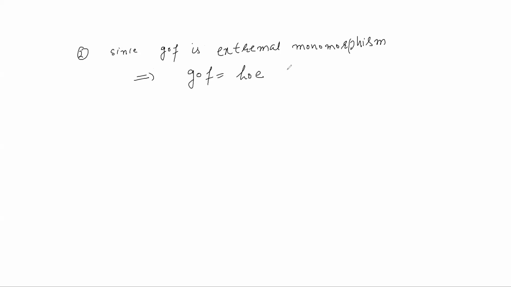Since G composition F is an extremal monomorphism, this means G composition F equals H composition E, where E is an epimorphism, implies that E must be an isomorphism. This is your given.